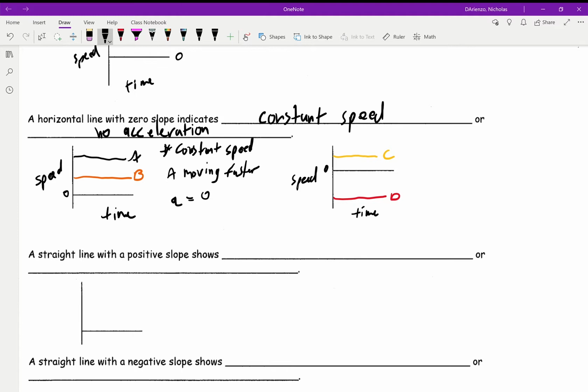Which one has a greater magnitude of their speed between C and D? Well, if we were to compare how close either of those graphs of C and D are to our 0 speed point, C would be closer, which means C has a slower speed, or D is moving faster.